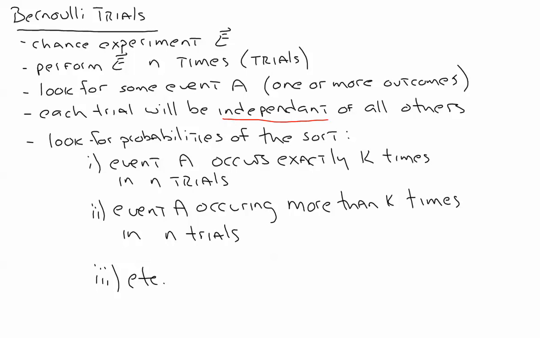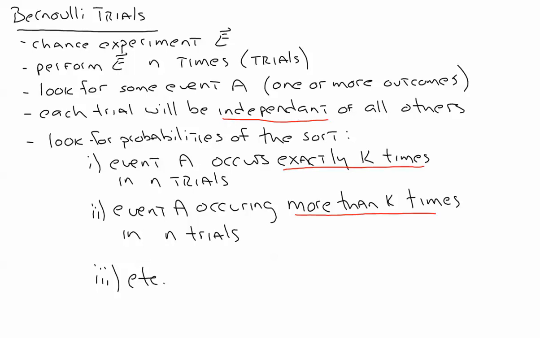Etc., etc., etc. So we try to answer questions like event A occurring exactly K times, or more than K times, or less than K times, or more than or equal to, or less than or equal to, those kinds of things. Those kinds of questions are what we're going to be answering.